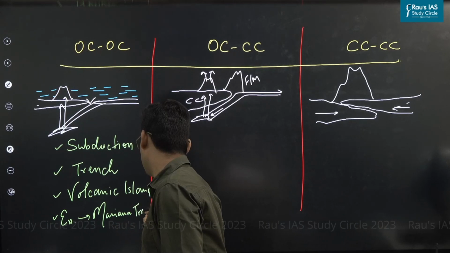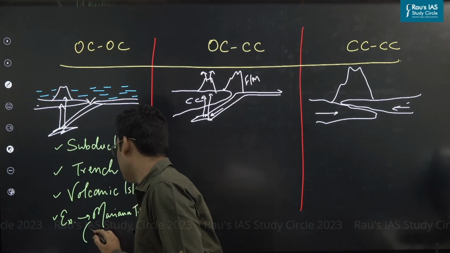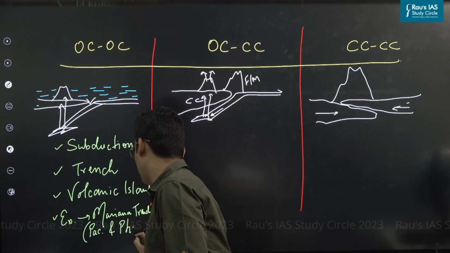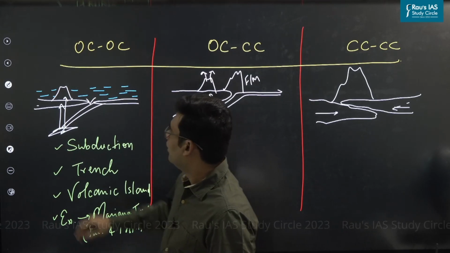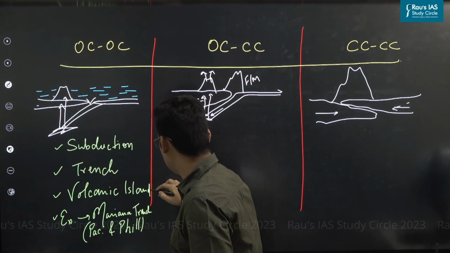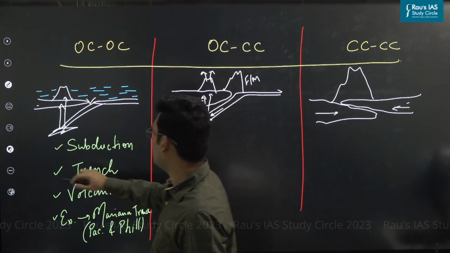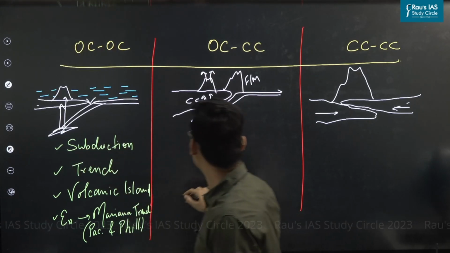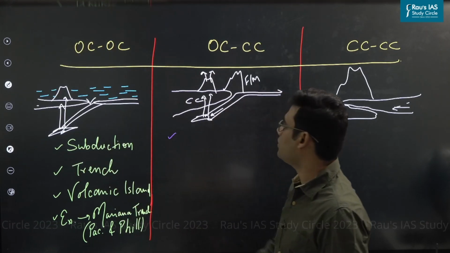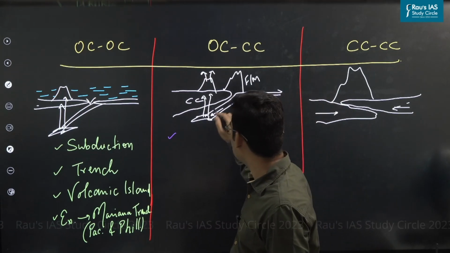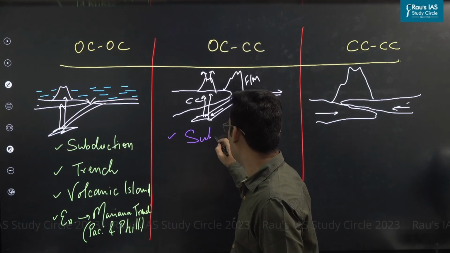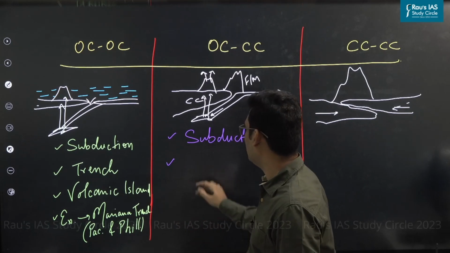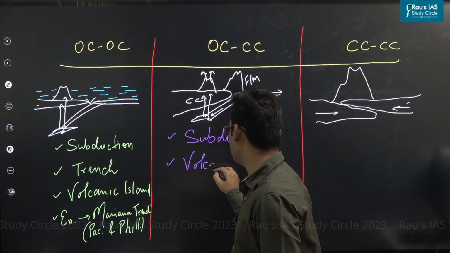And in addition to that, the example over here we will put as Mariana Trench. Mariana Trench, that is Pacific Plate and Philippines. So these would become the example of OC-OC convergence. Then when we move on to OC-CC convergence, we can mention first of all subduction again. So subduction taking place over here. Along with that, volcanism will happen over here.